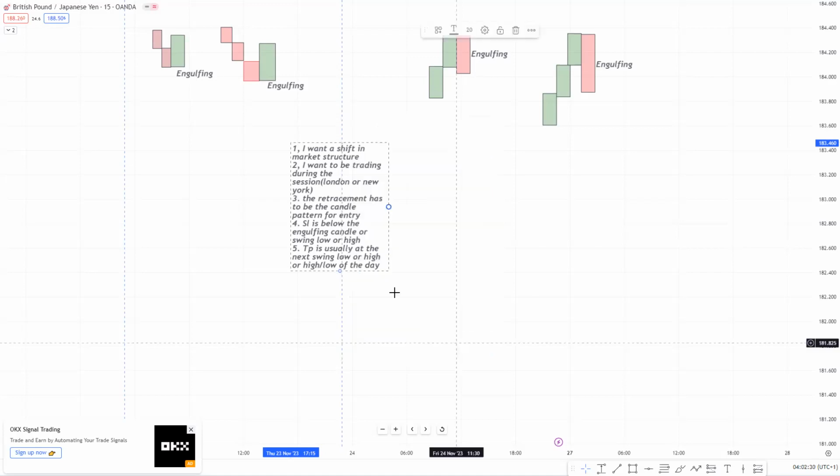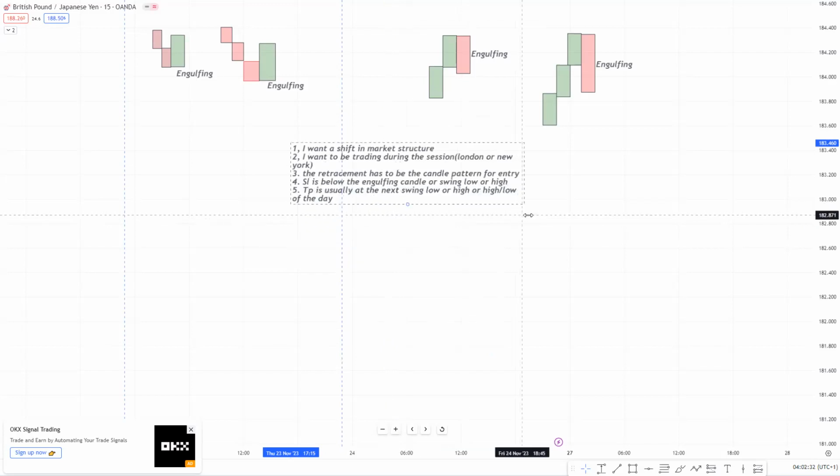So these are the rules I want to see. You can screenshot this too.